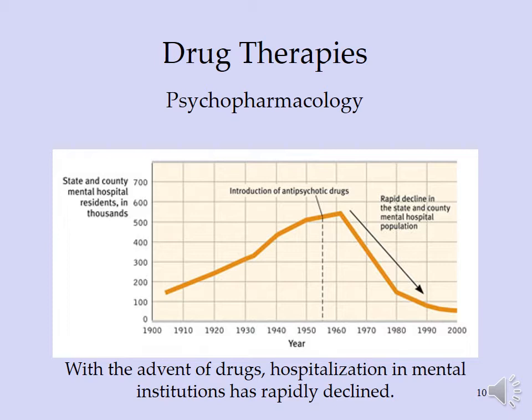And so, what followed very shortly after the introduction of these drugs was a decline in the population in mental hospitals. And as you can see, by the year 2000, only a very small fraction of people were now housed in mental hospitals as compared to the 1950s.